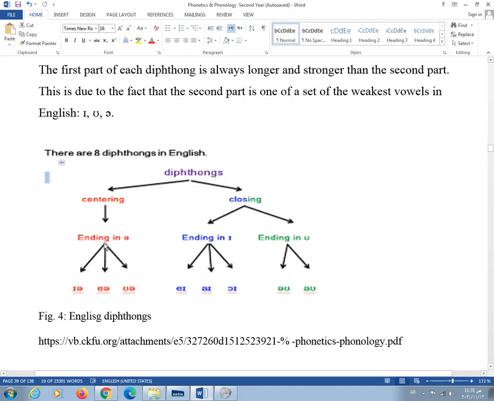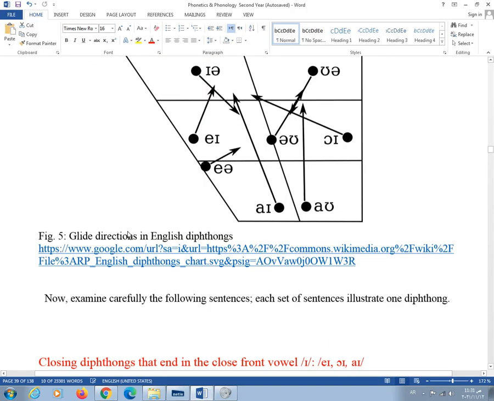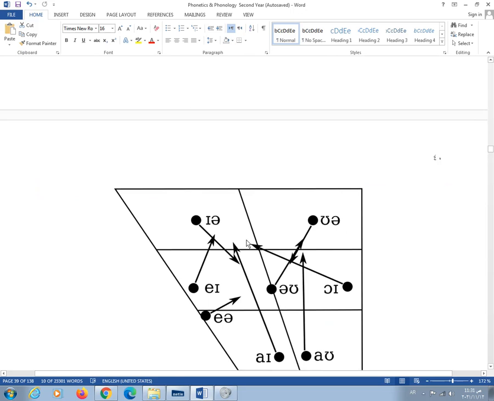Okay, and look at the two components of each diphthong. For example, here we have A, we start with and then we move in the direction of I. This is where I is pronounced in the mouth. And as in fair, we find that we start with and move in the direction of the schwa vowel.